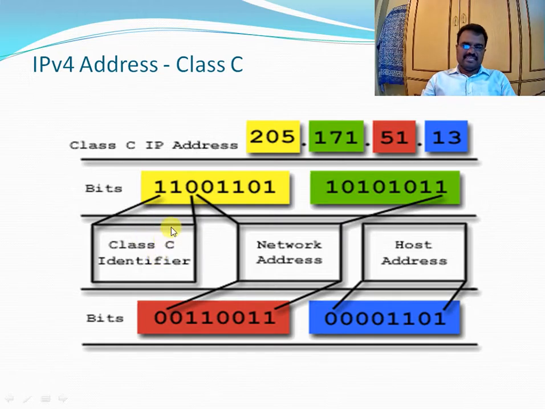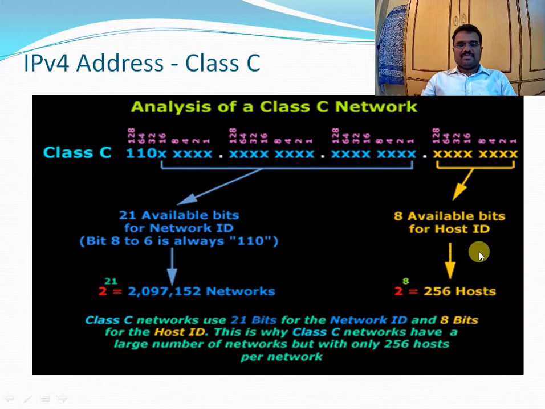This is class C, and the remaining 21 bits, 5 bits, 8 bits, and again 8 bits, a total of 21 bits, are used to identify the network address, and the last 8 bits are used to identify only the host address. So this is about the class C addressing scheme in IP version 4 addressing.